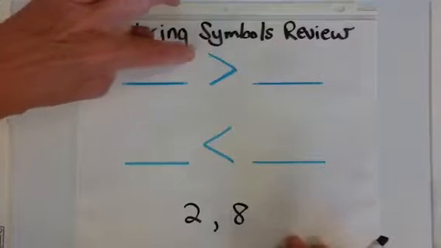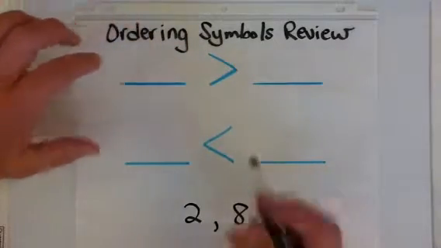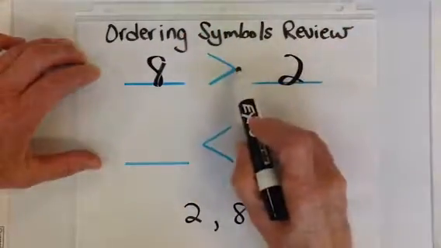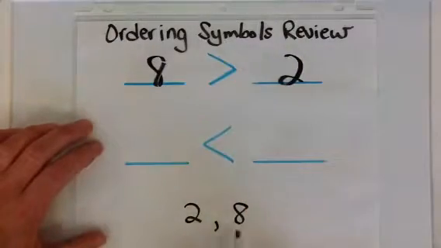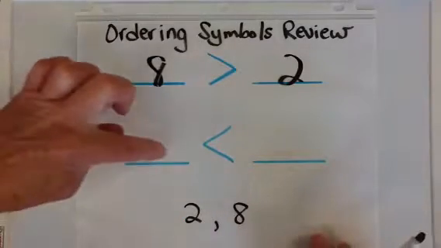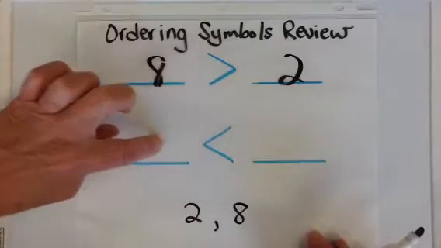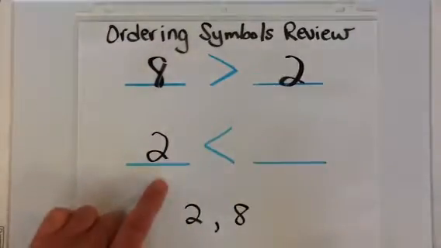Okay, so let's fill in with our 2 and our 8 up here. Now, the number that goes here is next to the wide side, so this needs to be the bigger number, which of course is the 8. And then the 2 is over here next to the little pointy end. Now we can set up these two numbers with the other symbol, but down here, the number that we put here is next to the little pointy end, so that needs to be the smaller number, which in this case is the 2.